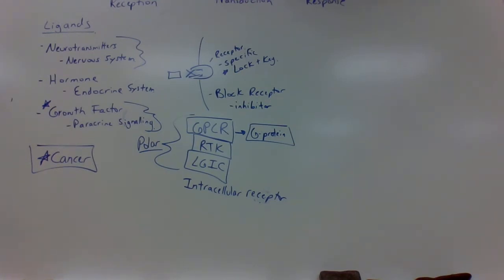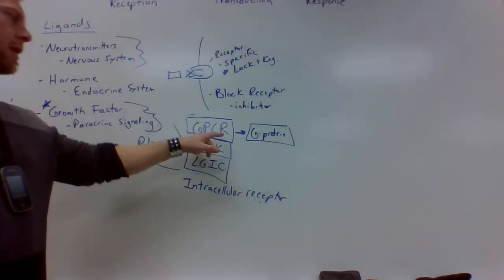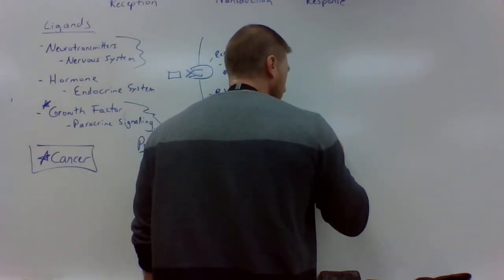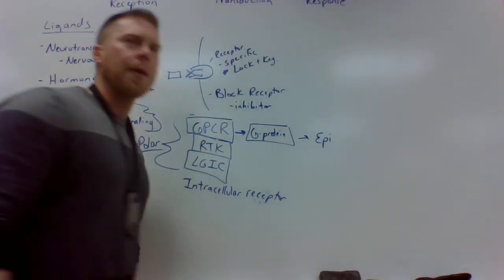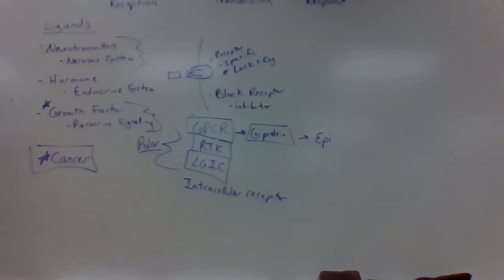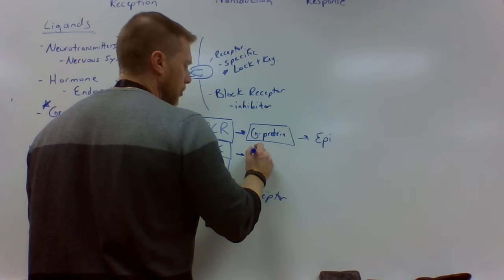What ligand did we give as the example binding to the GPCR? Epinephrine, good. So epinephrine binds to a G protein coupled receptor. What's an example of a ligand that binds to the RTK receptor? The growth factor.